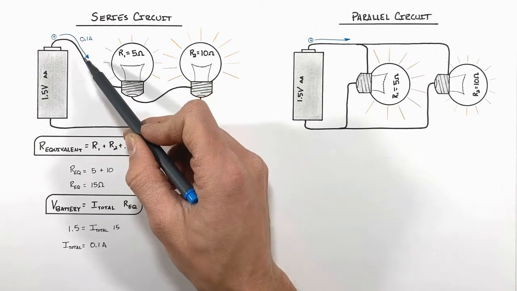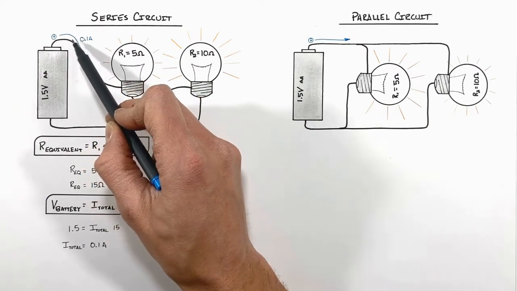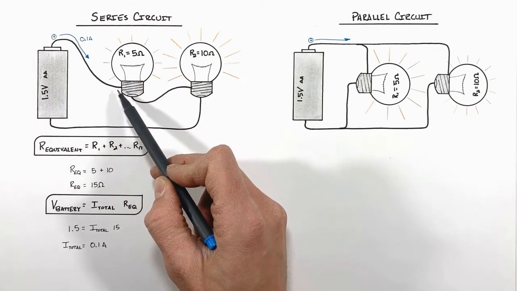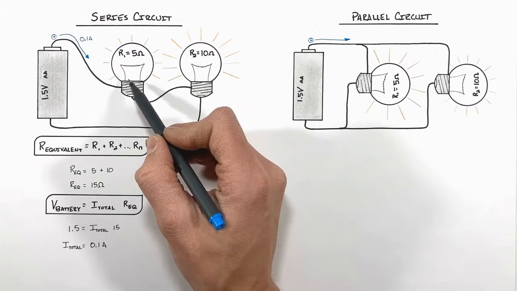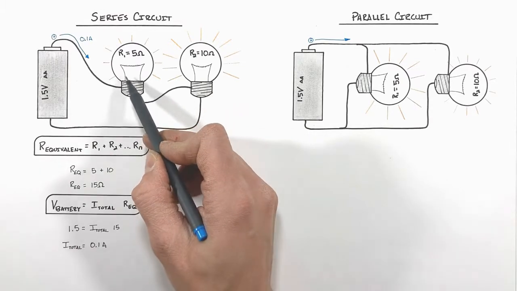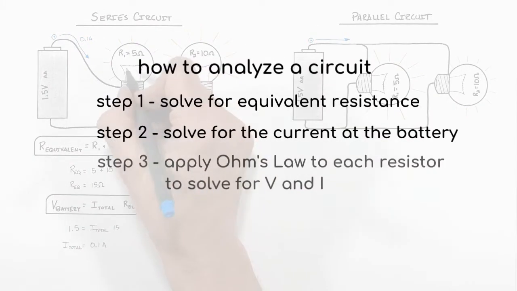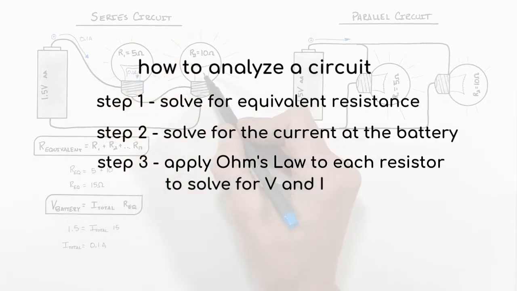Now, because this is a series circuit, these 0.1 amps of current which flow out of the battery have to also flow through each resistor. That means there's going to be 0.1 amps of current through this bulb, and 0.1 amps of current through this bulb.